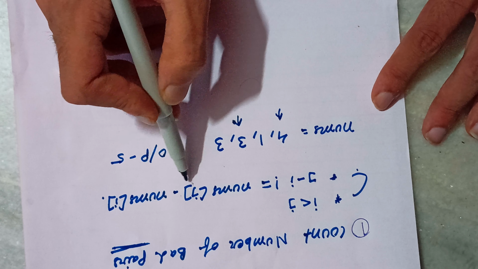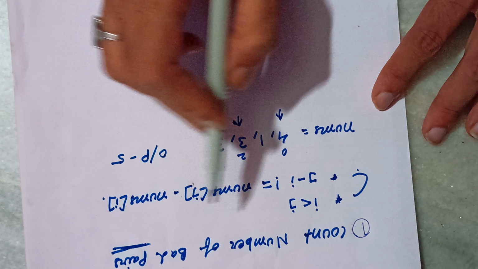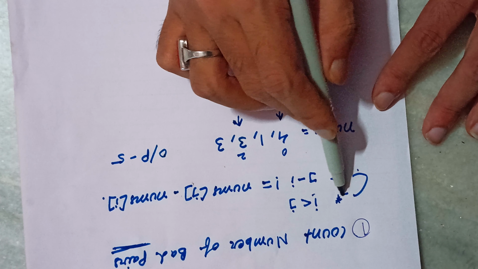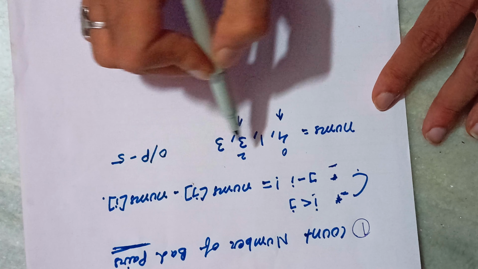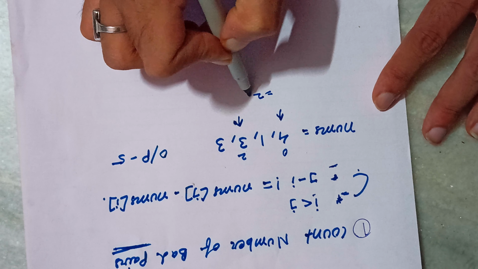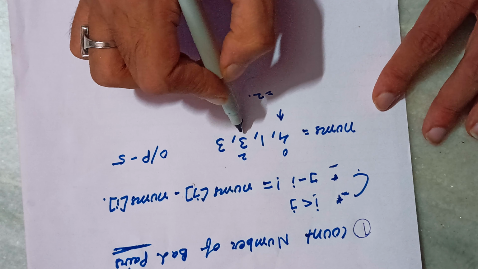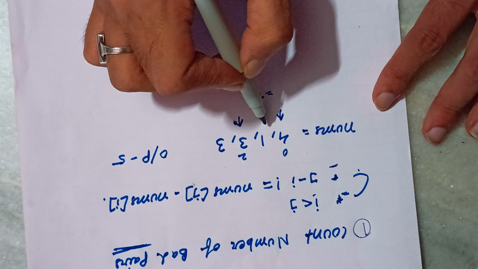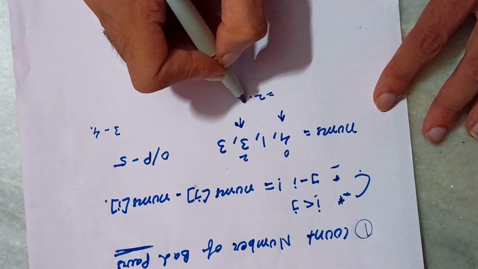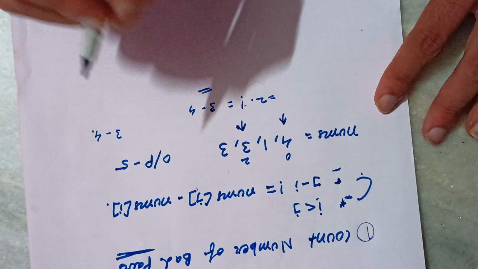The first condition is satisfied, since 0 is smaller than 2. The second condition: j minus i, which means 2 minus 0, is equal to 2, and nums[j] minus nums[i] is 3 minus 4. So 2 is not equal to 3 minus 4, so this is a bad pair.